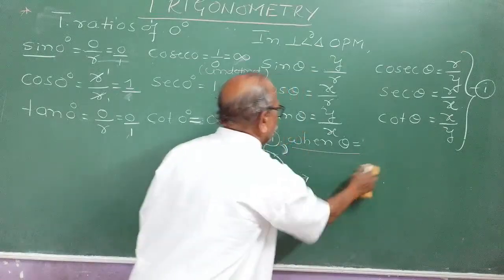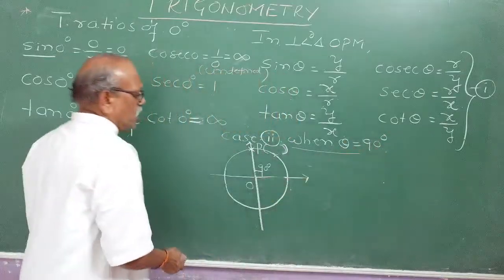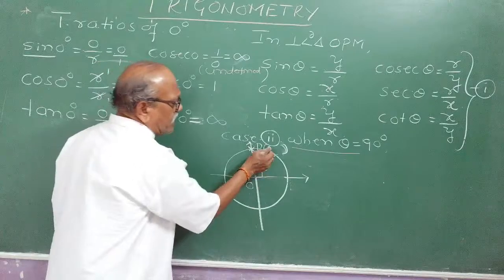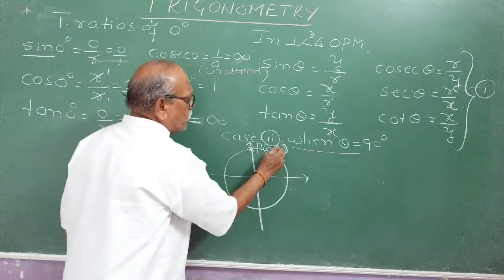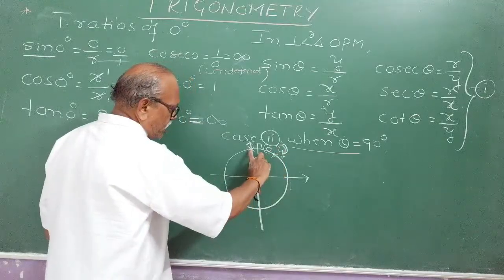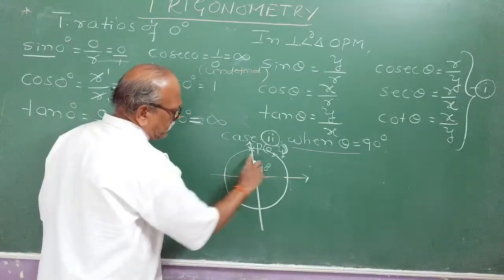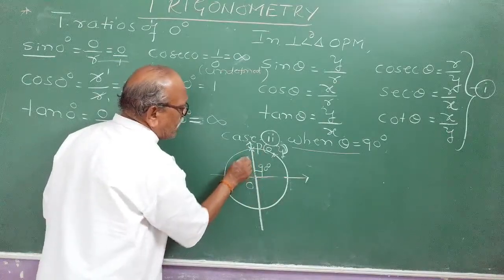We will write now. When theta is equal to 90 degree, any point on the y-axis will have x coordinate 0. Remember, y coordinate will be y only. But what is y? Y is the distance of the point on the y-axis. This particular length is called the ordinate, but this OP is r.